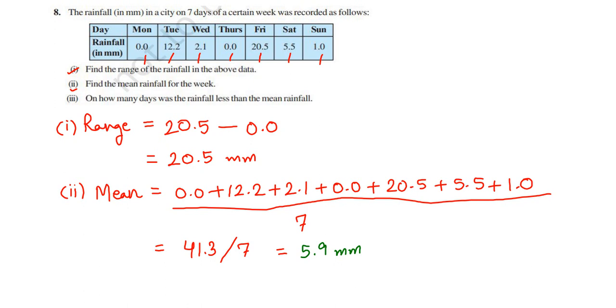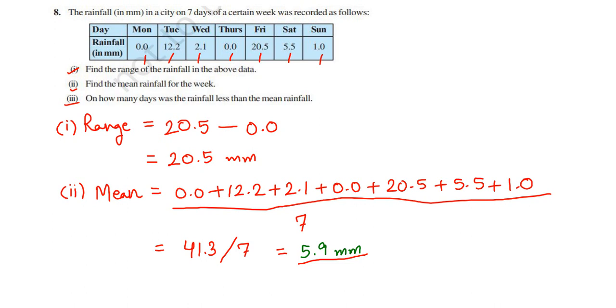Next, in the third part, we need to find on how many days was the rainfall less than the mean rainfall. This is the mean rainfall, 5.9, and we want to find the number of days on which the rainfall was less than this. So we need to find the numbers which are smaller than 5.9.